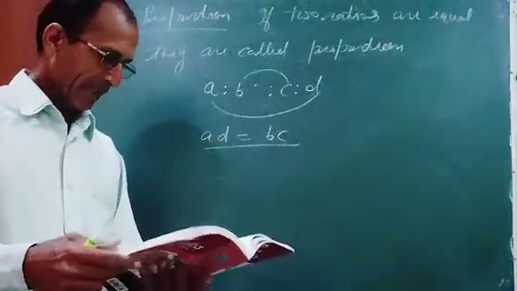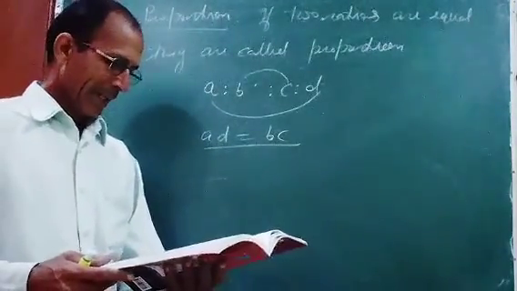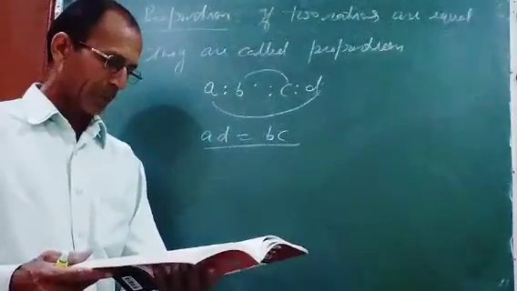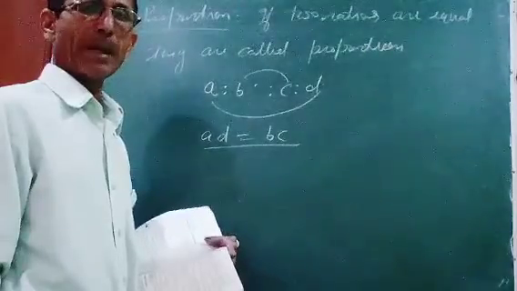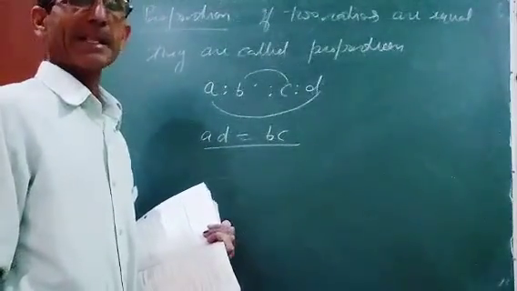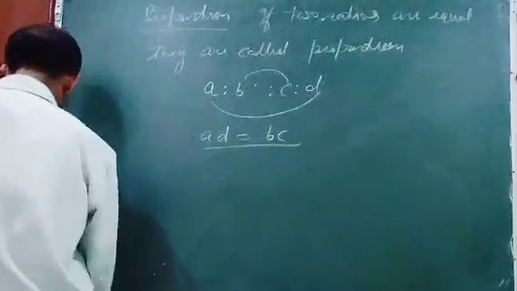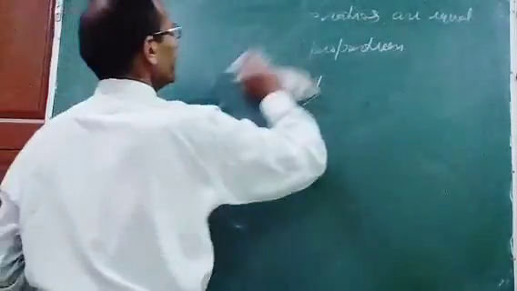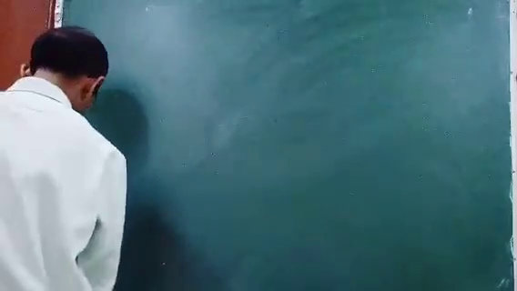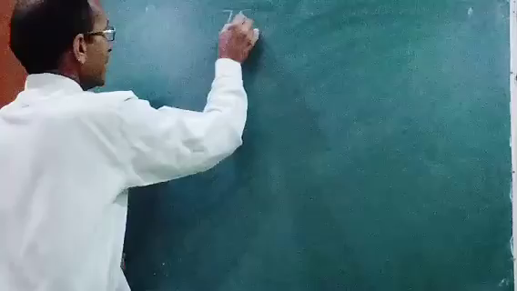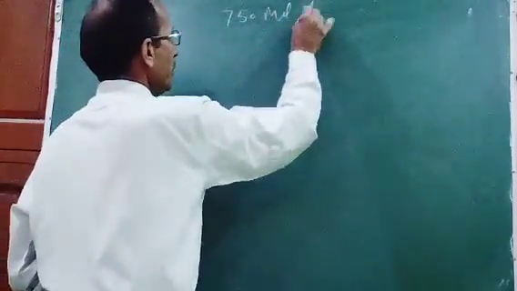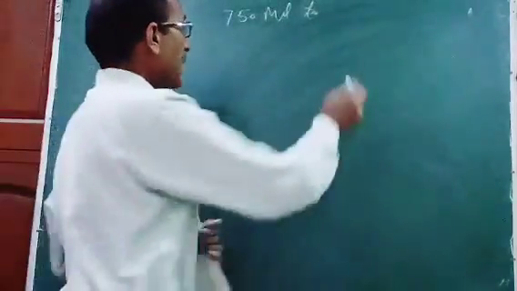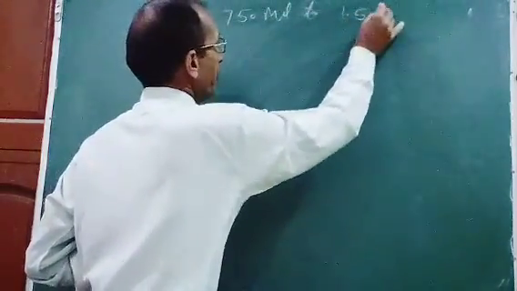Exercise 5.1, a very simple exercise. Ratio of 750 milliliter to 1.5 liter. I told you, ratio is possible only when we convert into the same unit. So 750 milliliter to 1.5 liter.